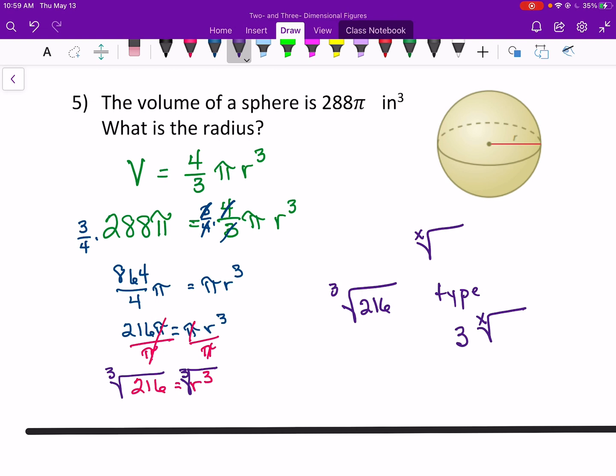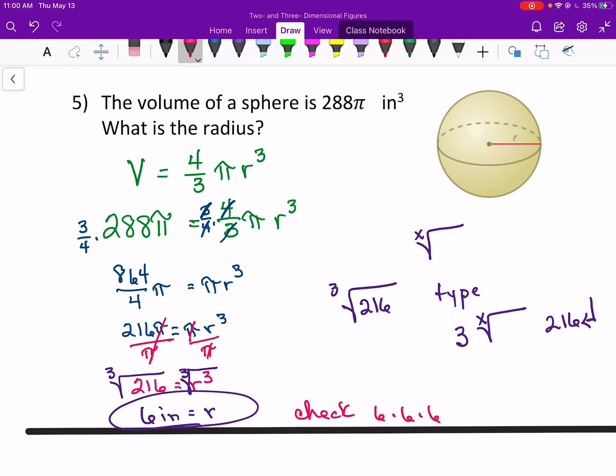So it's telling the calculator that my 3 goes where the x is, and then I type the 216 and hit enter. What we get is 6 for the answer. The way you check your answer, if 6 is my answer, then that means 6 times 6 times 6 should equal 216, and it does.